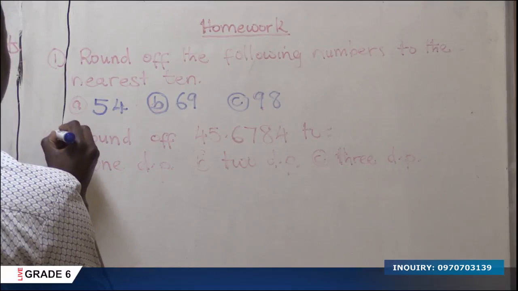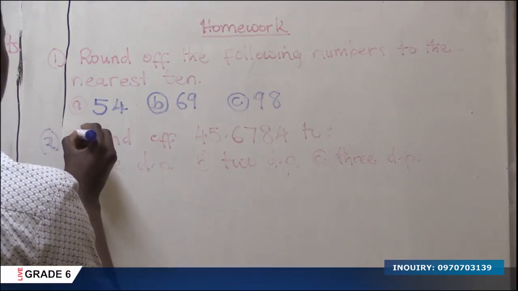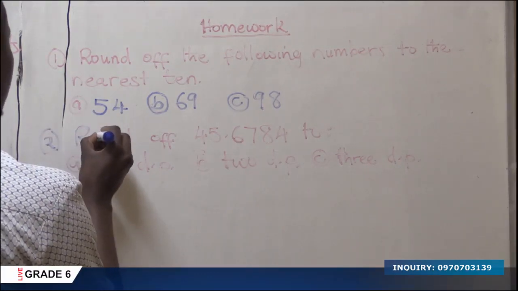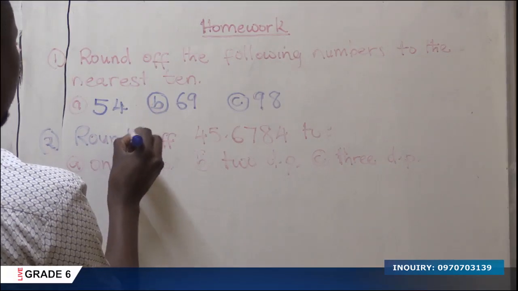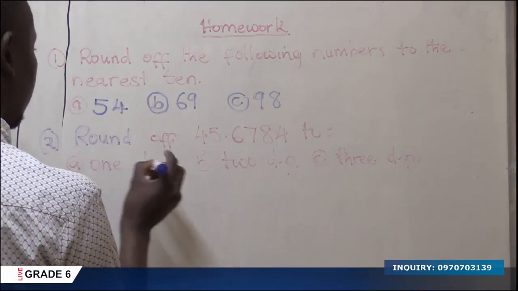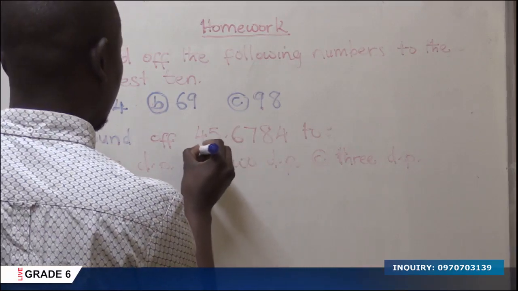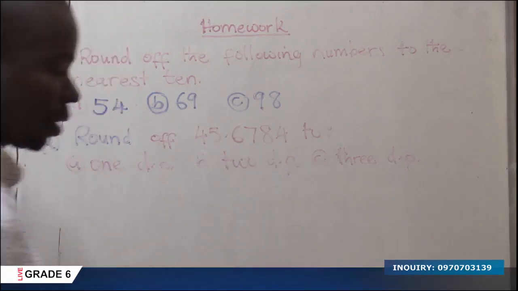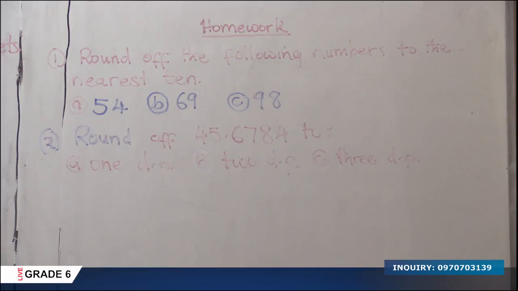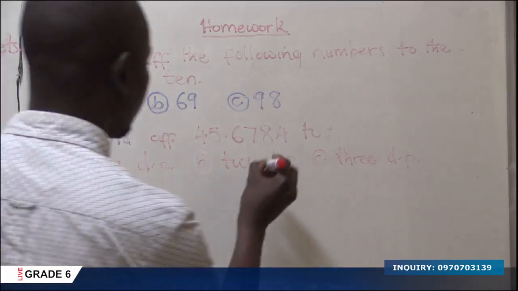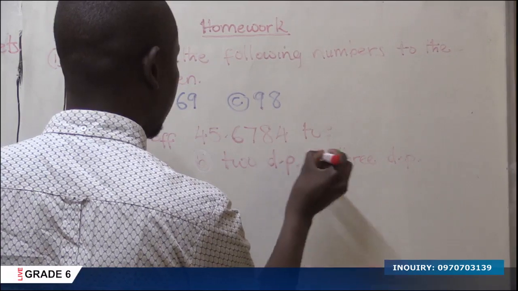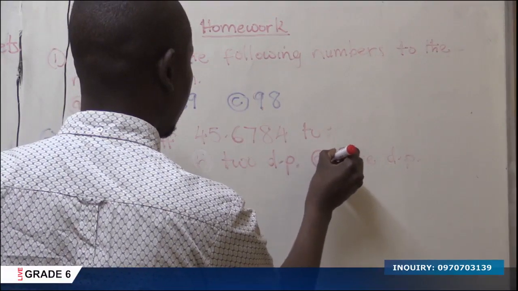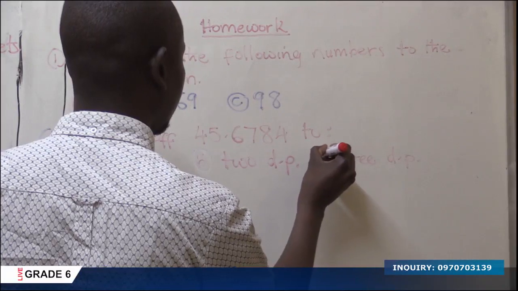Okay, number 2, round off. Okay, so this is our B. All right, decimal place.